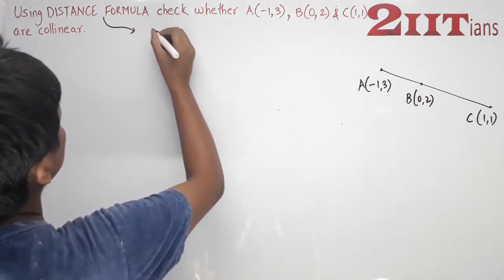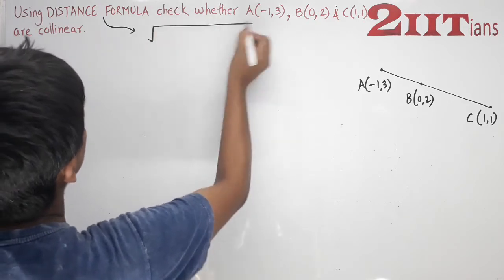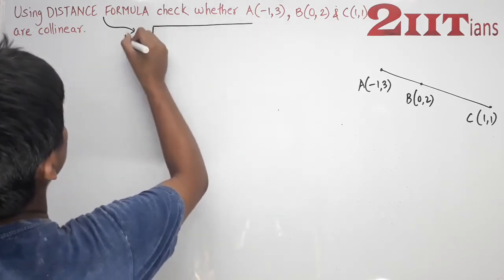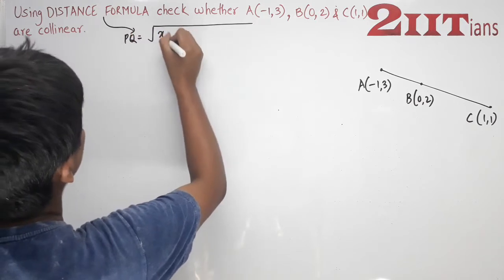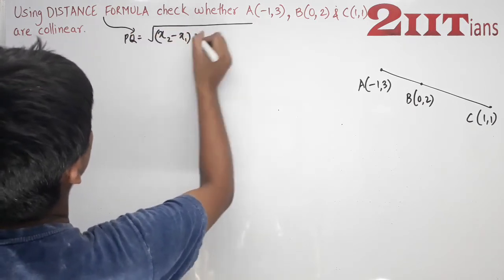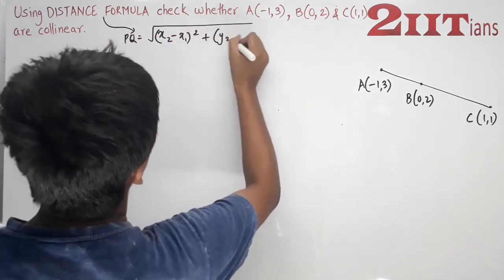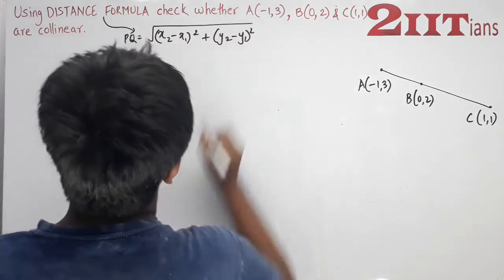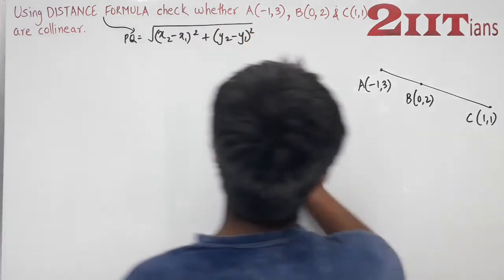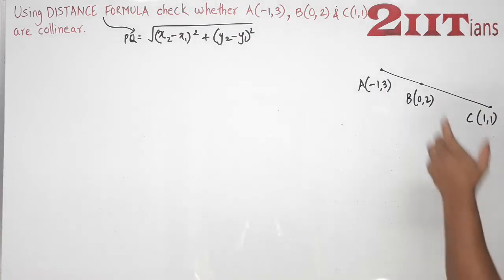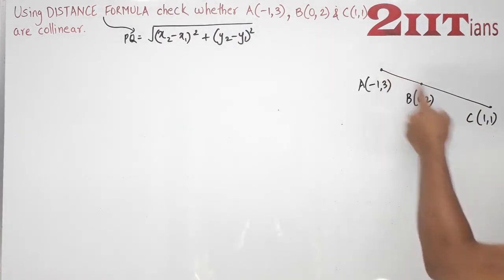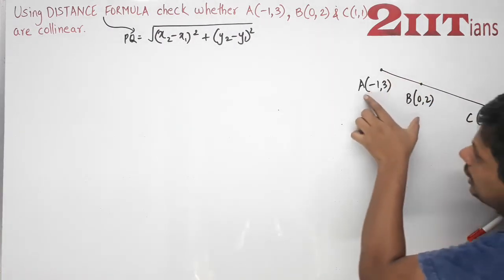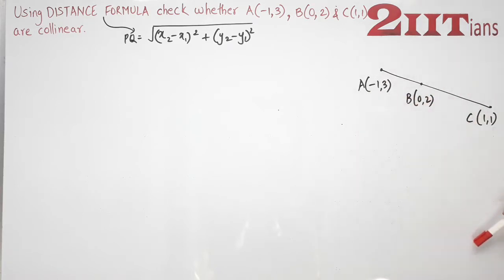Distance formula between any 2 points is given by, suppose the distance is PQ, it is given by square root of x2 minus x1 whole square plus y2 minus y1 whole square. Here x1, y1 and x2, y2 are the 2 concerned points between which we are trying to calculate the distance.